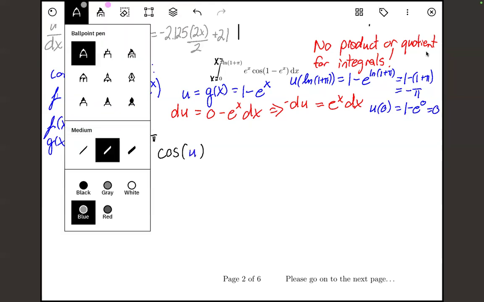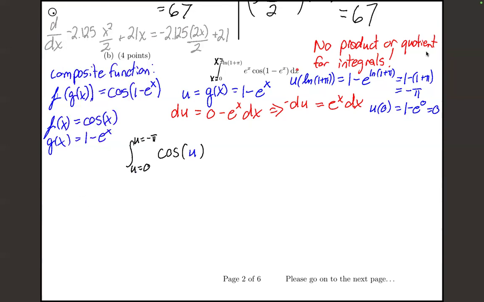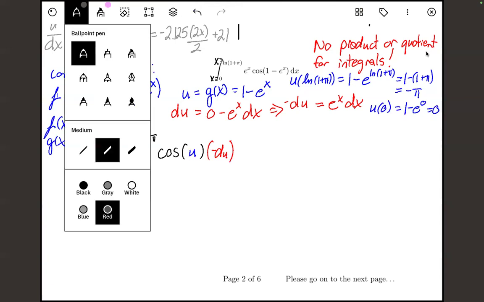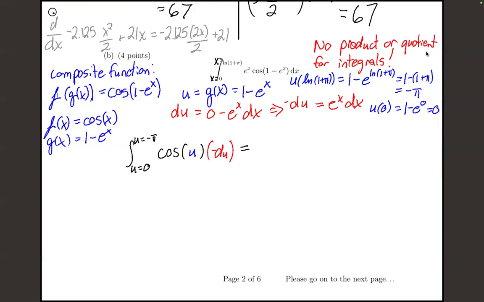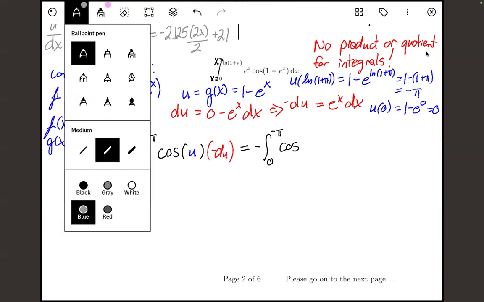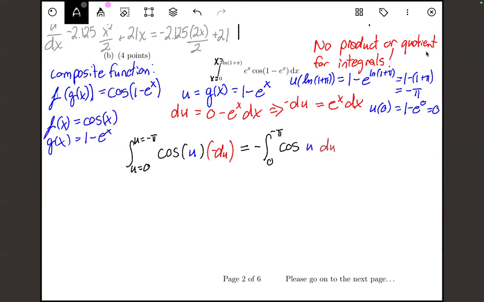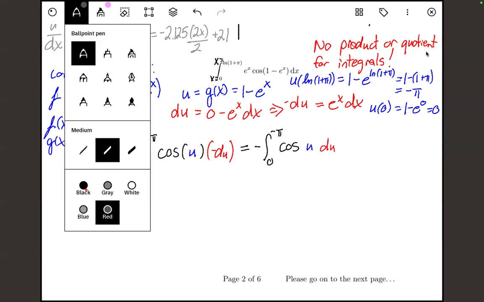And then we realized that this e to the x dx actually equals negative du. So this is just a minus 1, and we can pull that out because it's a constant. So then this is going to equal minus the integral from 0 to negative pi of cosine of u du.